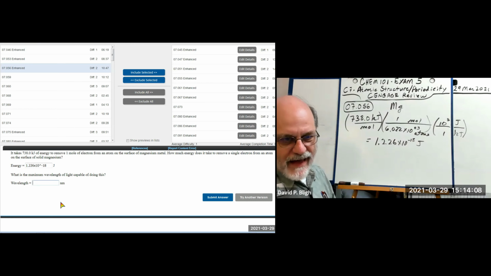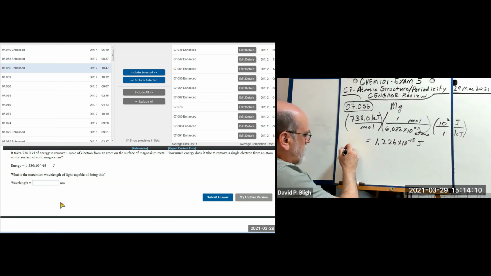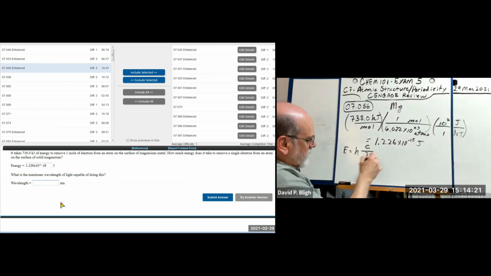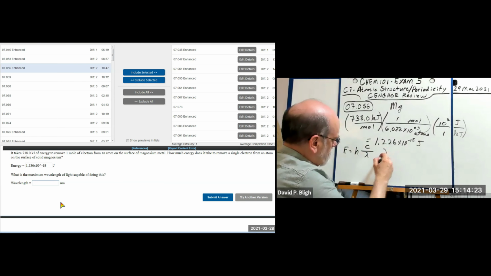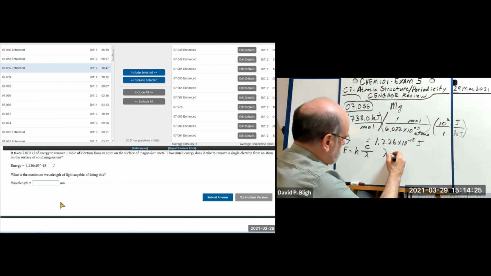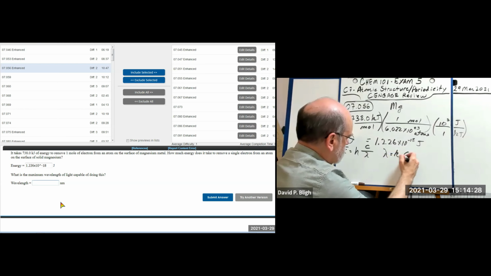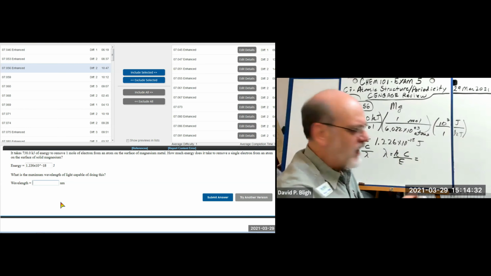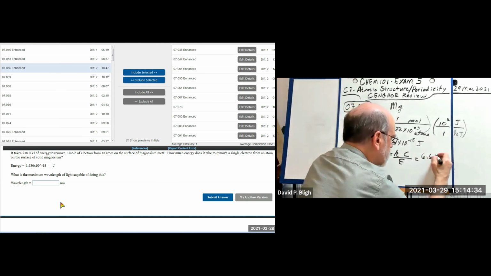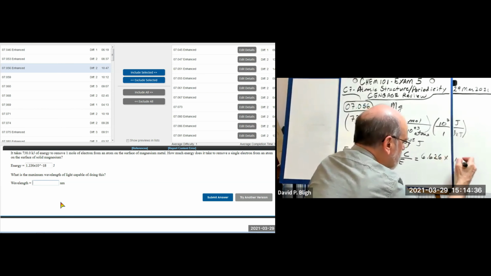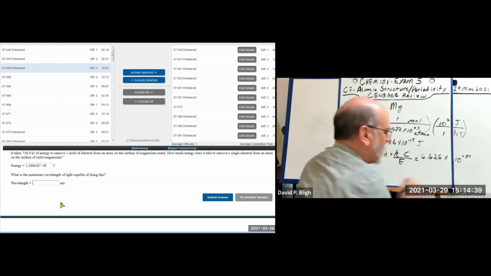And remember how to do that. Energy equals Planck's constant, c divided by wavelength. So the wavelength then is going to be, move it over here, and that's hc divided by E. So Planck's constant, 6.626 times 10 to the minus 34, I think.